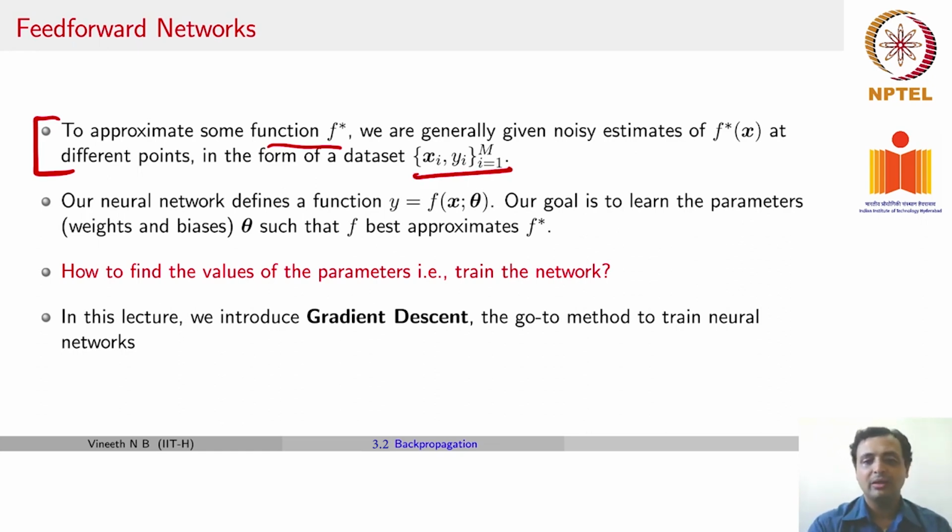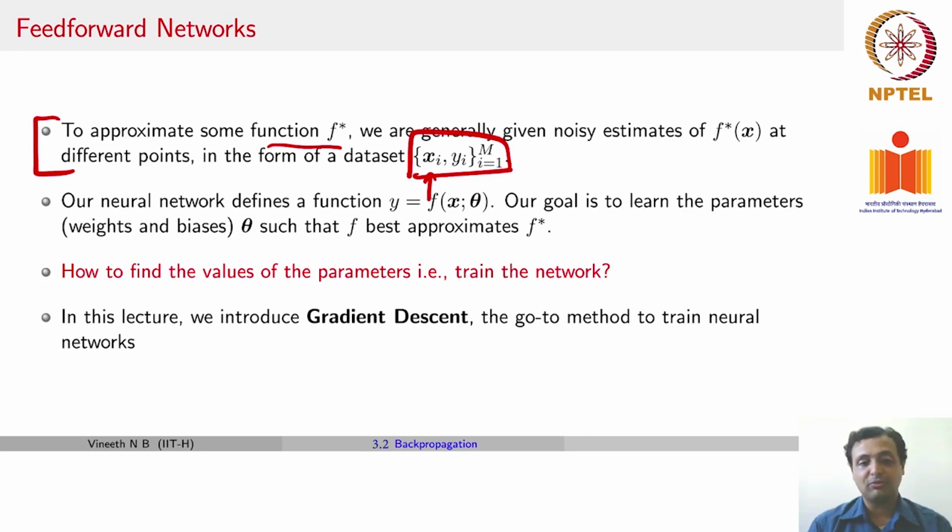Xi, yi. X is a vector that could have several dimensions. Yi is the output label corresponding to that particular input data point xi. And there are a total of m such examples in your data set. You could assume that these examples in your training data set are instances of the overall function f star that takes you from x to y.